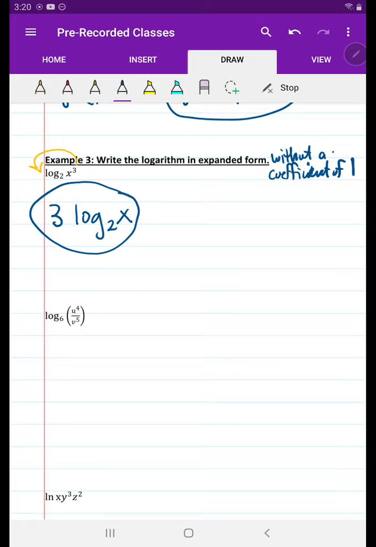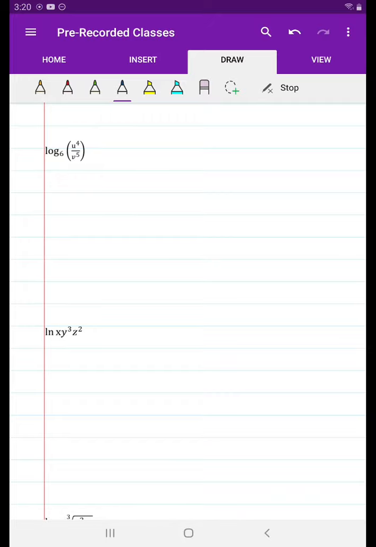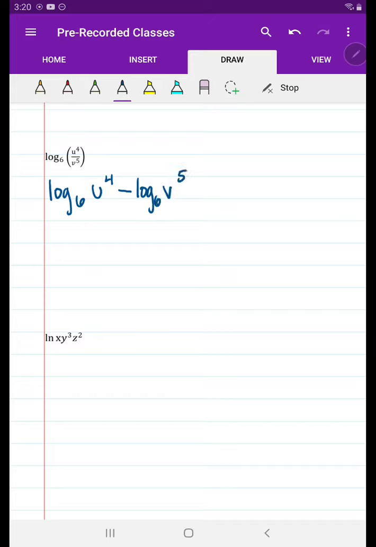Okay, now this next one, we've got division, and so remember we said anything that is in the numerator becomes positive and anything in the denominator becomes negative. So this is going to turn into log base 6 of u to the 4th, that's the positive piece, minus log base 6 of v to the 5th.